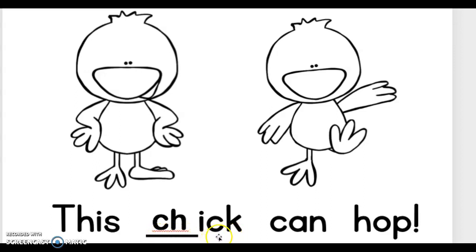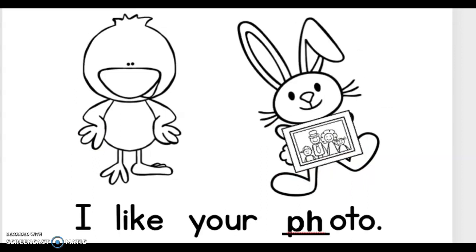No. Again, just like those double L's, it's only going to make that one k sound. So it's going to say ch, i, k. This chick can... I only see one vowel again. It'll be short, o, hop. This chick can hop. And we see the chick is on one foot. Flip to the next page.